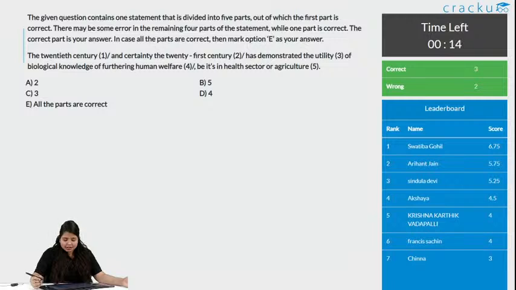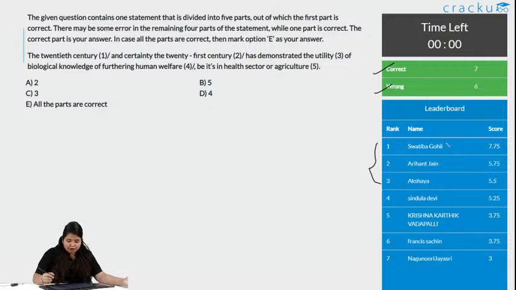Okay, 3 people got this correct and 2 wrong. Okay, now the top 3 people have changed. The timer is off. With this, we have 7 people who got this correct and 6 wrong. And these are the top 3 people.